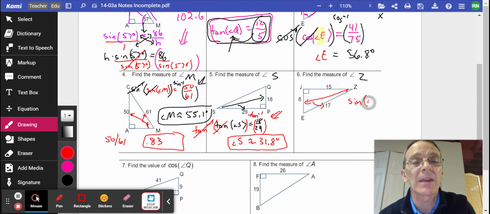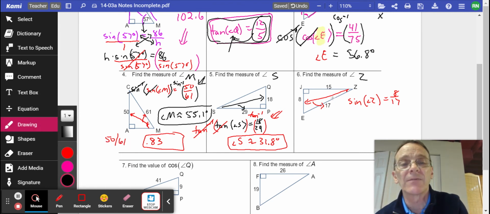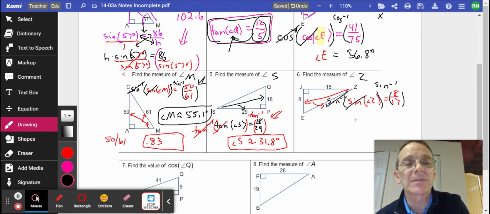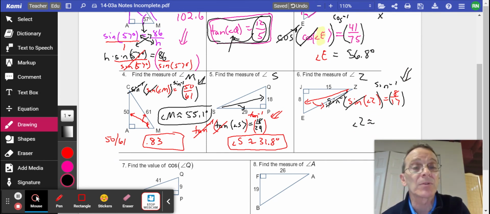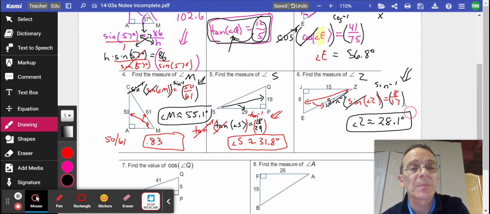So sine of angle Z is equal to 8 over 17. And then when you take the inverse sine of both sides, that cancels out the sine, leaves the angle Z standing. And when you put this in your calculator, I got earlier 28.1 degrees, which seems reasonable for this picture.